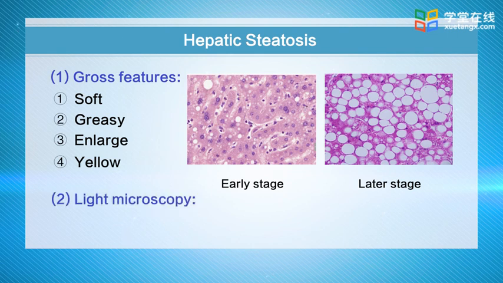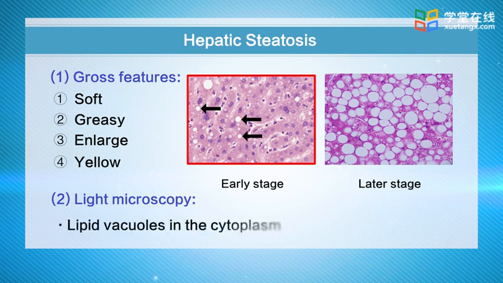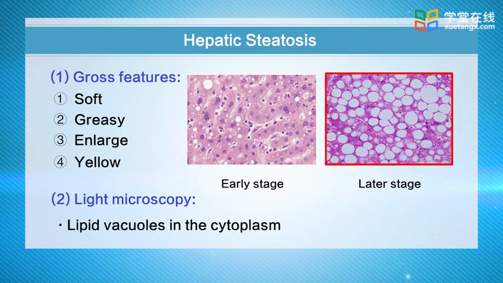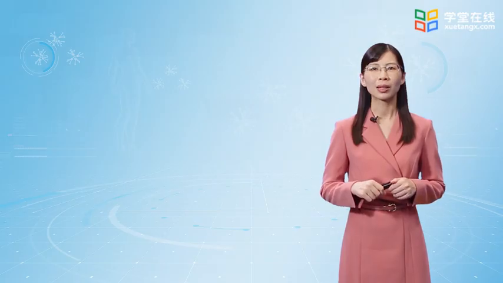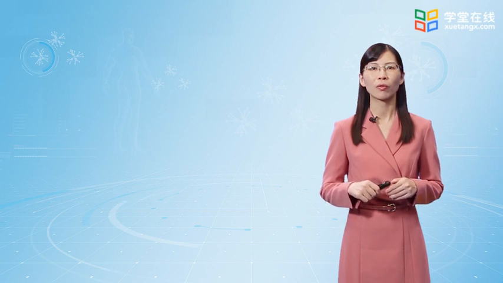Under light microscope, at the early stage, we can see small lipid vacuoles in the cytoplasm around the nucleus. In later stage, the vacuoles coalesce to form big clear spaces. To some extent, the distribution of the fat deposits varies with the cause.